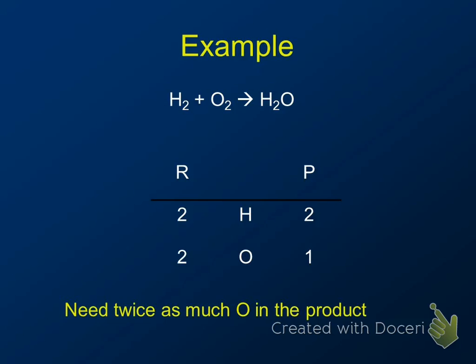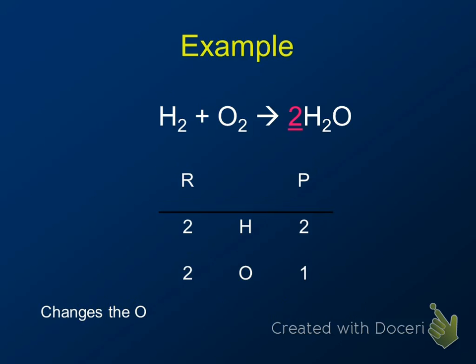Product side. Okay, we want it to be 2. So how can we make oxygen on the product side 2? What's the only thing you can add to balance an equation? Coefficient. Where can we put a coefficient on the product side? In the front. Can we put it in the middle? Can we put it behind? There's only one place we can put it. So we're going to do that.